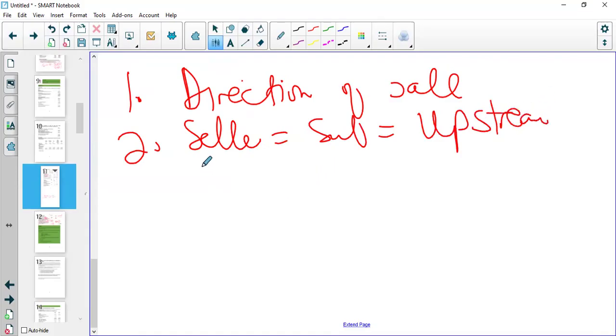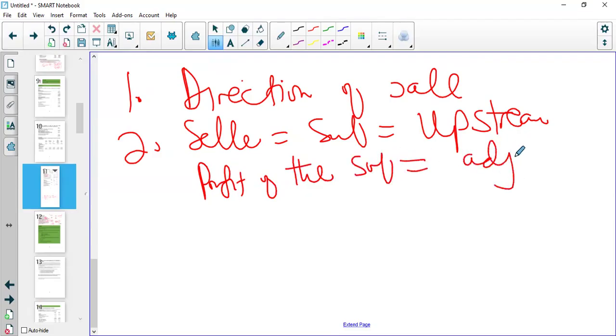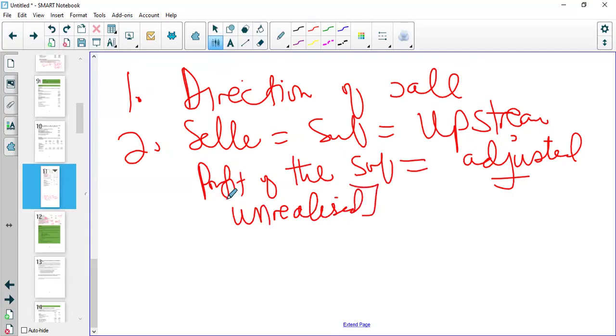It means the profit of the subsidiary has to be adjusted. So the profit of the subsidiary has to be adjusted if there is anything not yet realized. So that's the importance there.